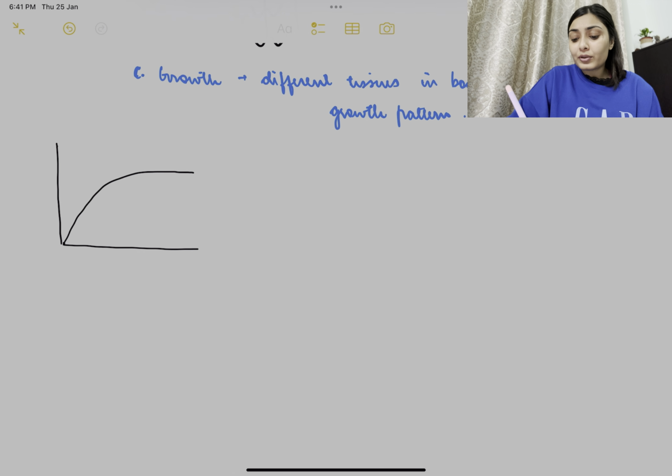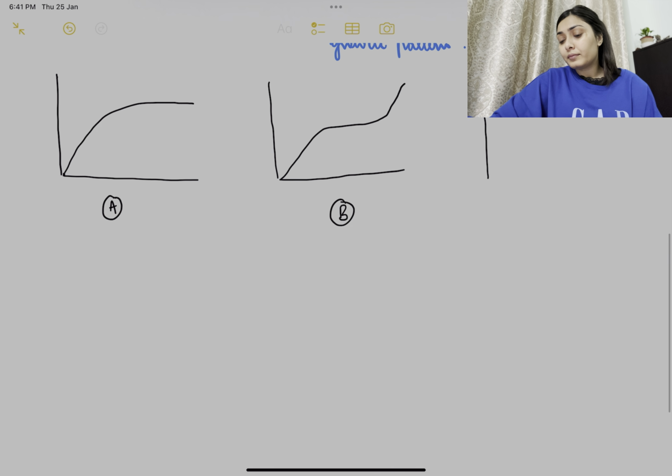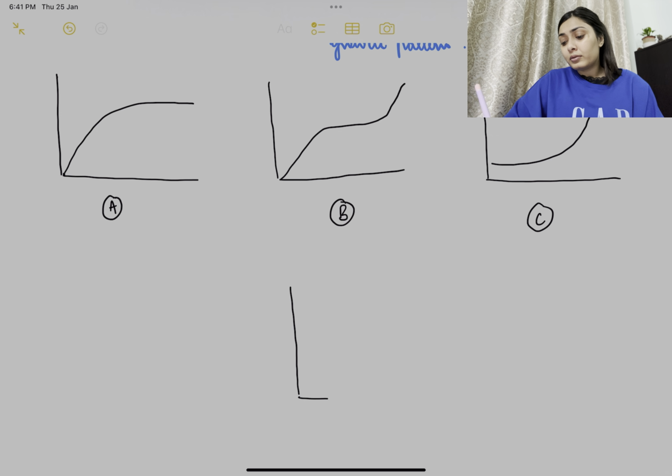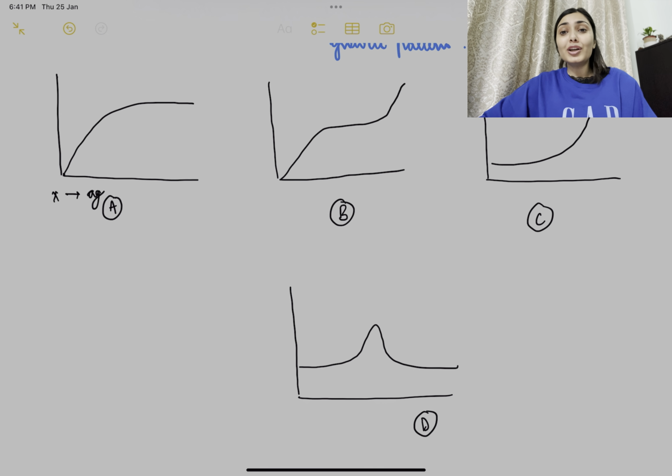Let's label it as graph A. This is graph B. Graph C. Lastly, this is graph D. The x-axis represents the age. So let us look into each of these graphs.